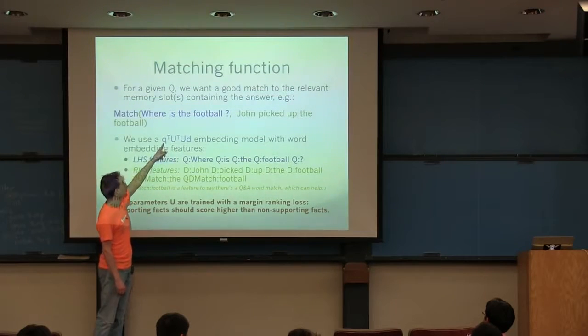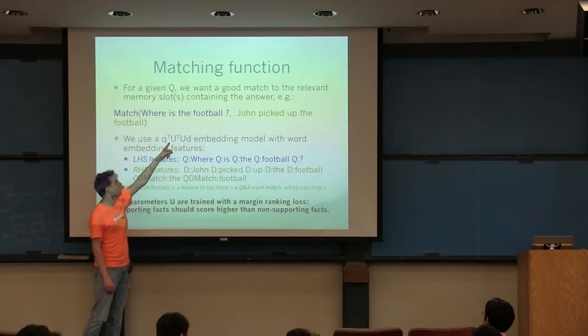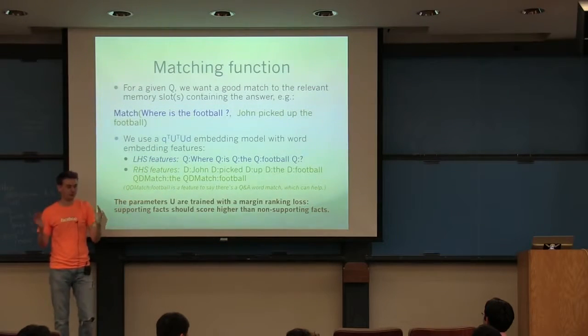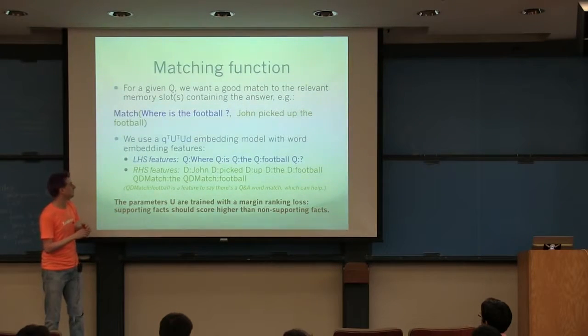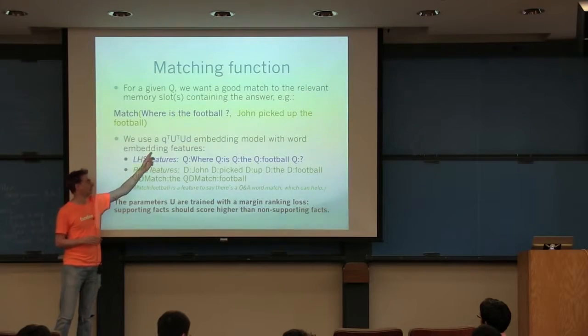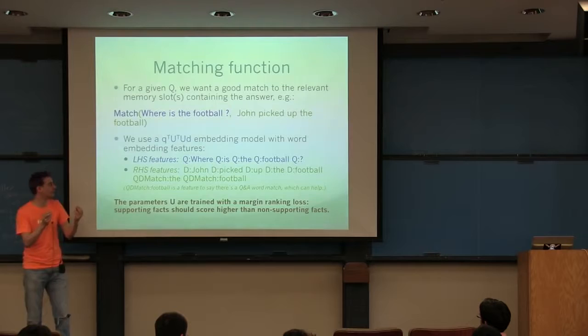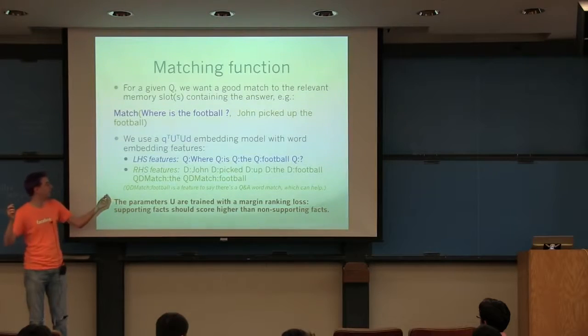To do this, we have this matching function here. Q is the question, and D is one of these possible memories, and the U matrix is the set of all your word embeddings. Q is basically of dimension the size of the dictionary.